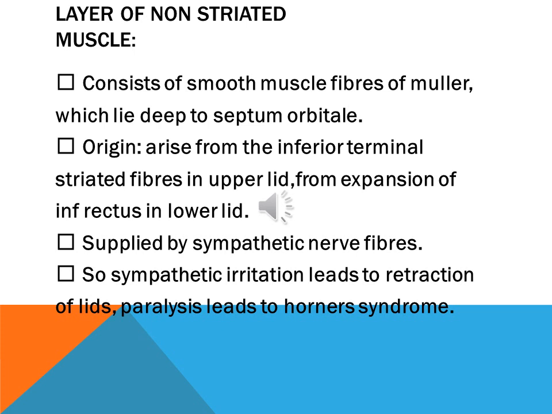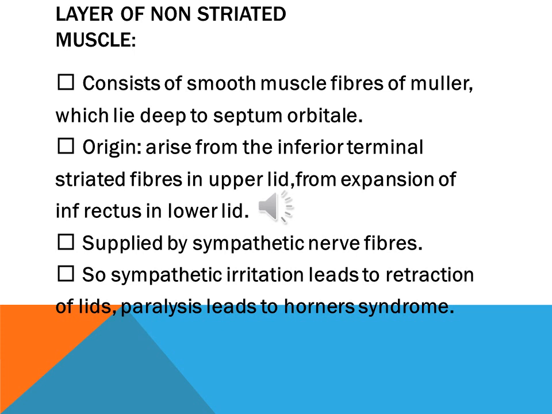This arises from the fibrous attachment from the terminal of the striated muscle expansions, in the upper lid from the undersurface of the levator palpebrae superioris, and in the lower lid from the condensation of the fibers of the inferior rectus. This is supplied by sympathetic nerve fibers.